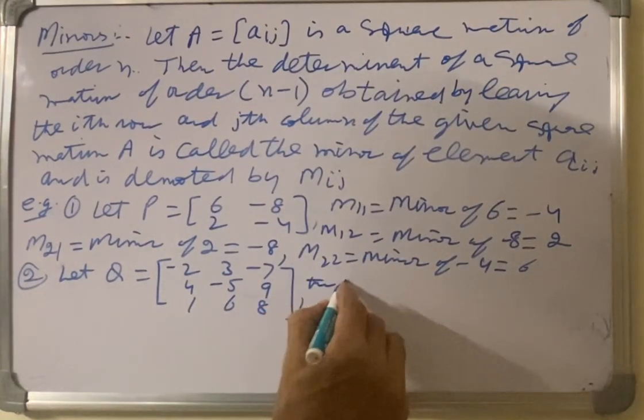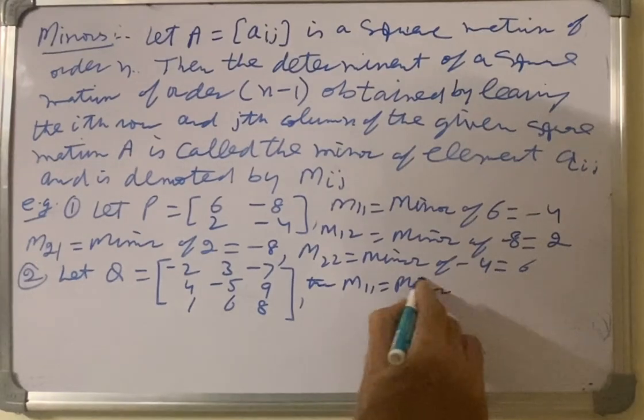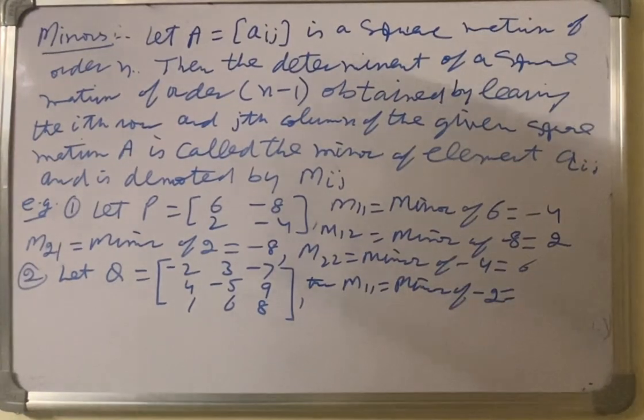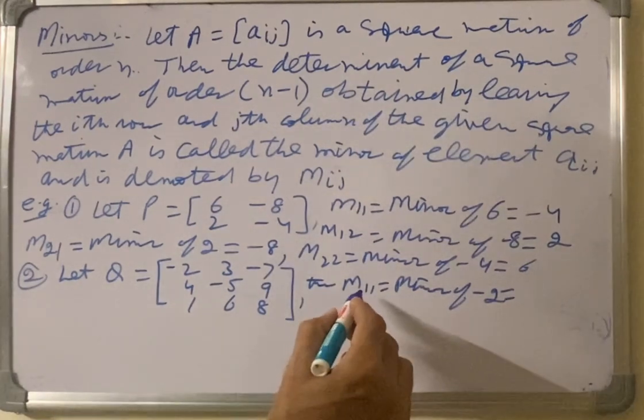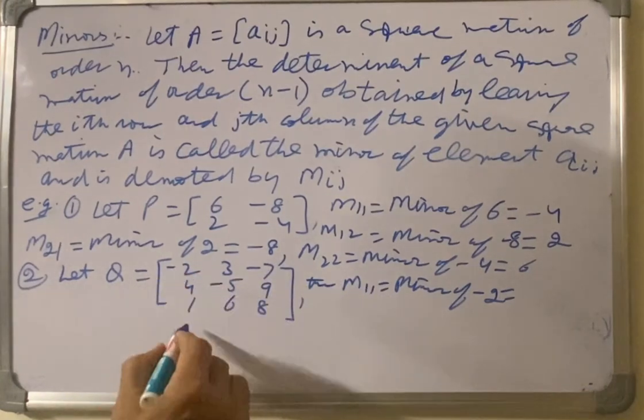M11 means you will leave first row and first column.